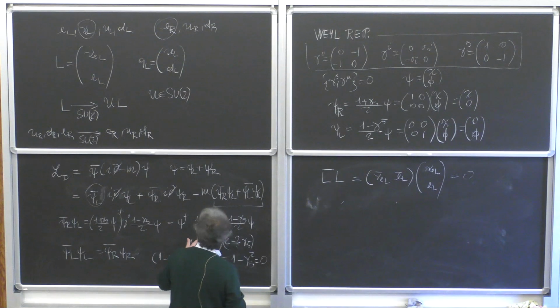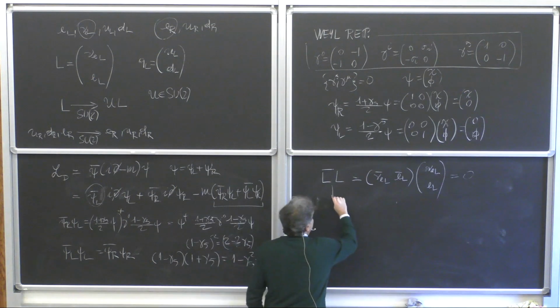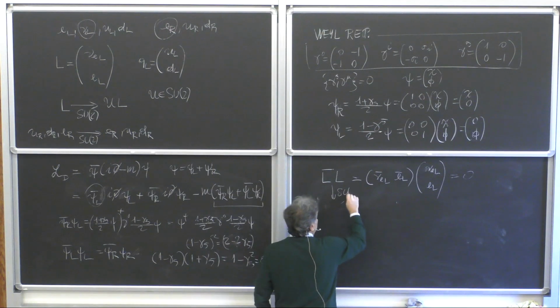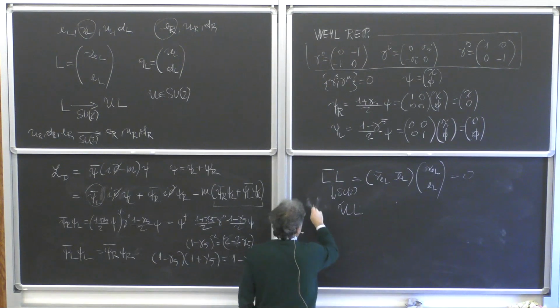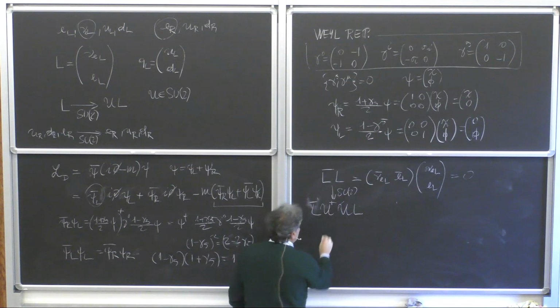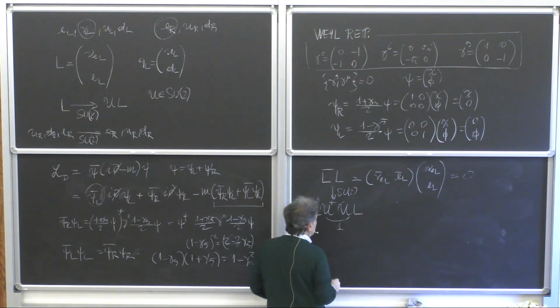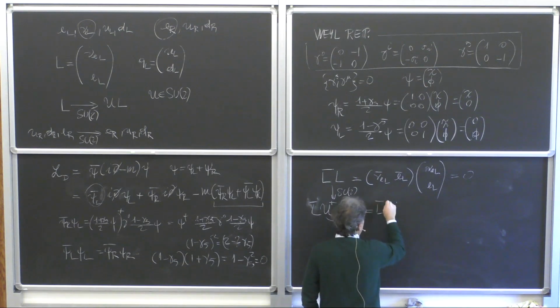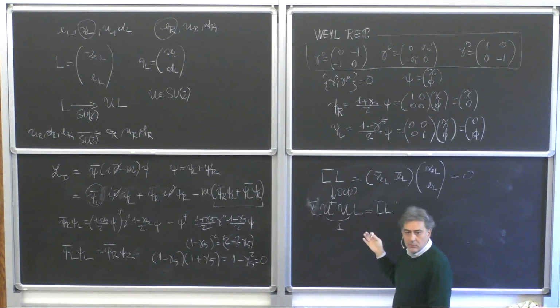if we require, okay, this is a singlet under SU(2), because under SU(2), this goes in U L, and this goes in L bar U dagger. But this is 1, because U is a unitary matrix, so this is equal to L bar L. But this is 0.